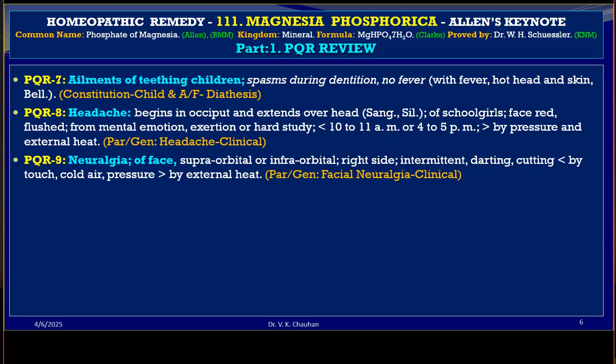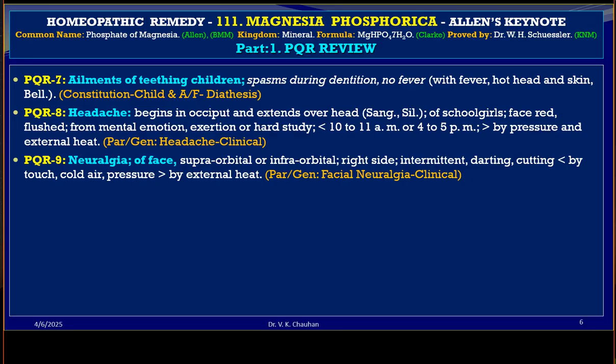Now, the face is supplied by two kinds of nerves. One is the motor nerve, the seventh cranial nerve, and we have the fifth cranial nerve, the trigeminal nerve. Trigeminal nerve is sensory. So he says facial neuralgia, so trigeminal neuralgia.